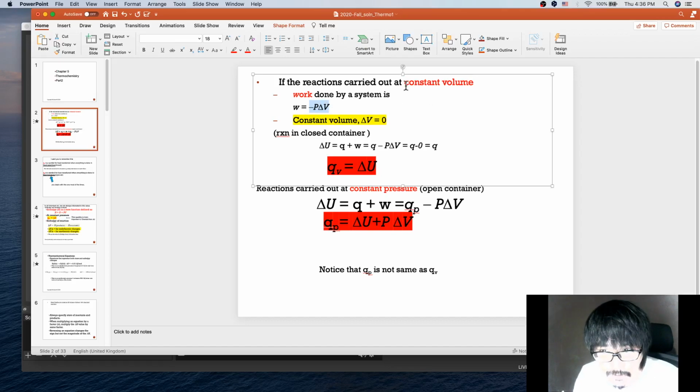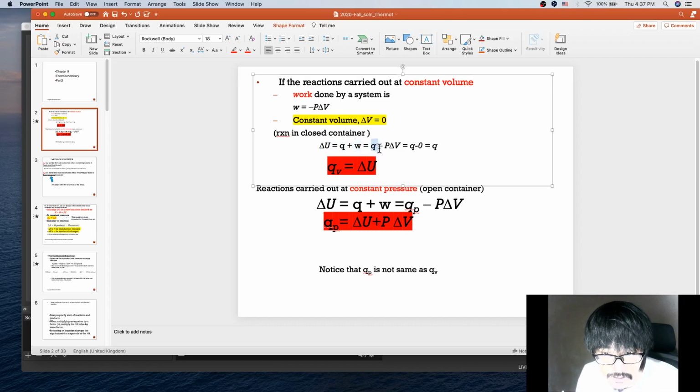But when the reaction is done in a closed container, then the change in volume is 0, right? Because everything is contained inside of the closed container, so you can't really change the volume. In that case, remember that delta U, the change in internal energy, is equal to heat plus work.